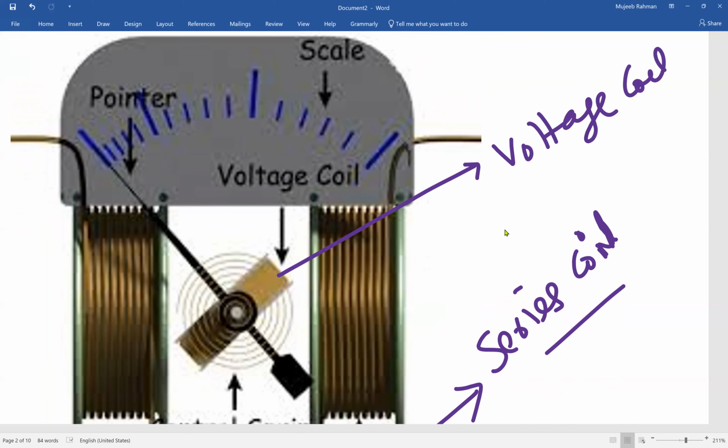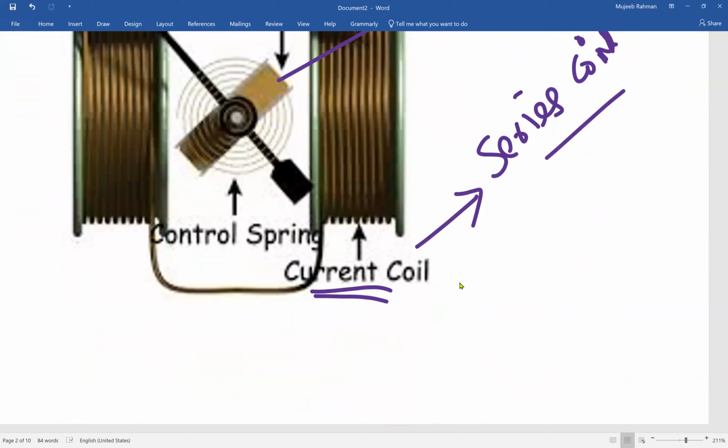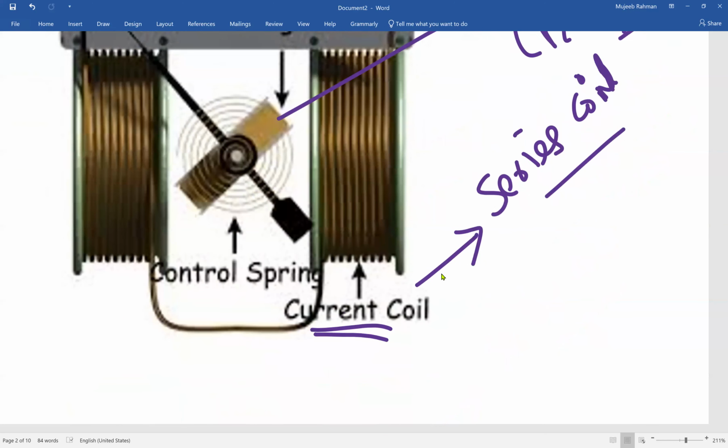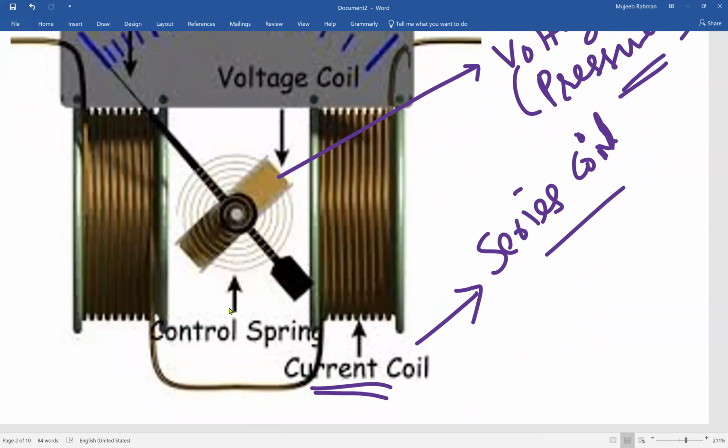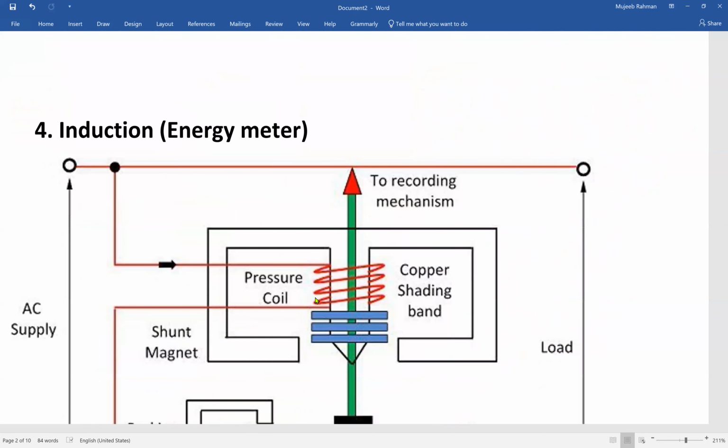So this type of instrument can be used to measure the wattage. Again, as I explained before, we have a calibrated scale and a pointer, and of course, there is some other external mechanism called the control spring.